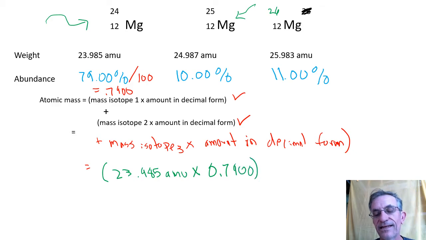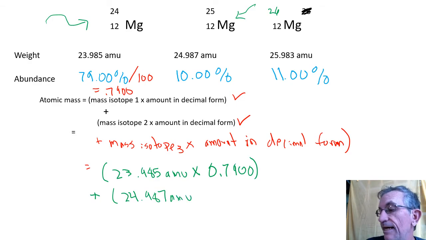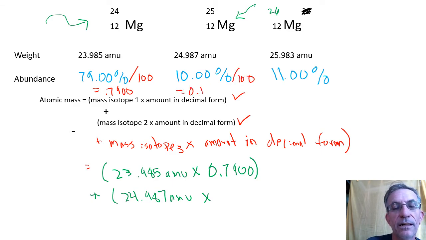And then we're going to do that for the other forms. The weight of the second isotope, 24.987 AMU times its amount as a decimal number. Now again, not 10%. If you divide by 100, you get 0.1. I'm writing all those zeros so we don't get mixed up on sig figs, right?